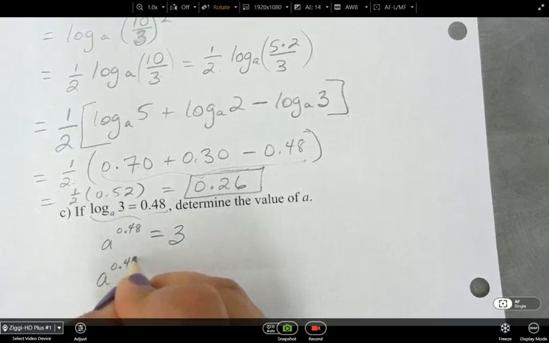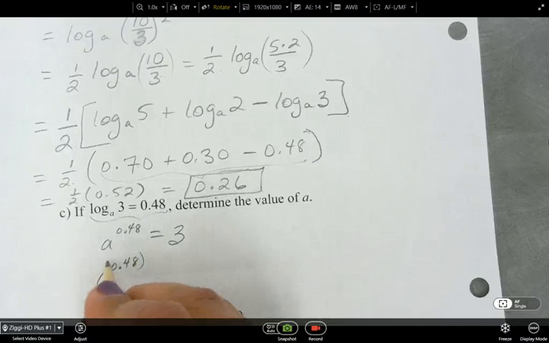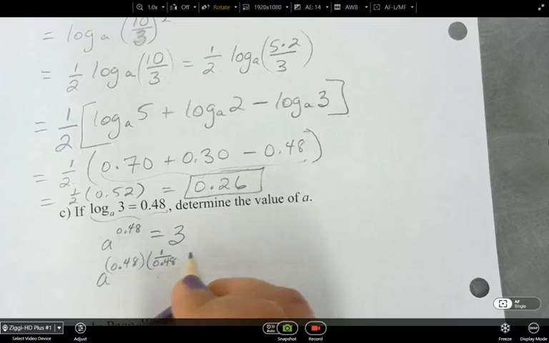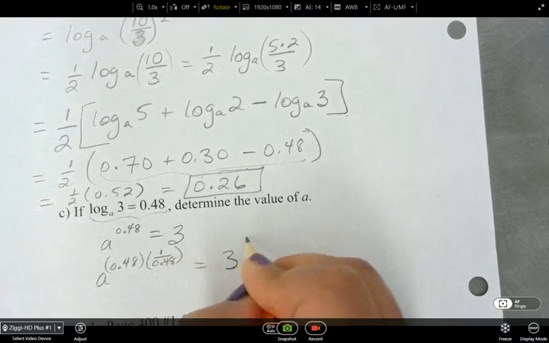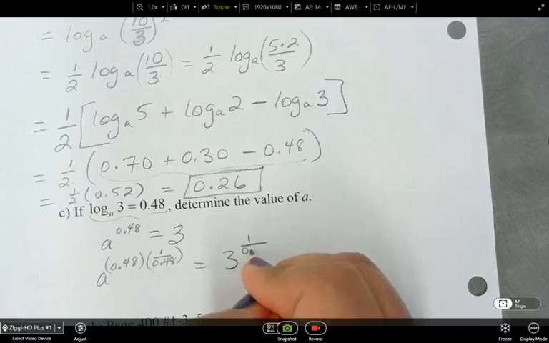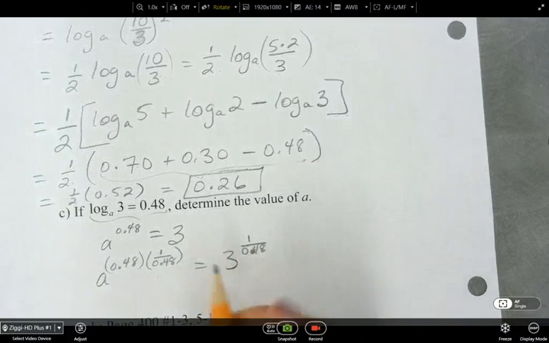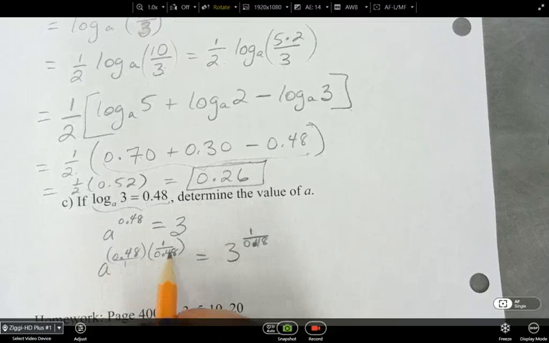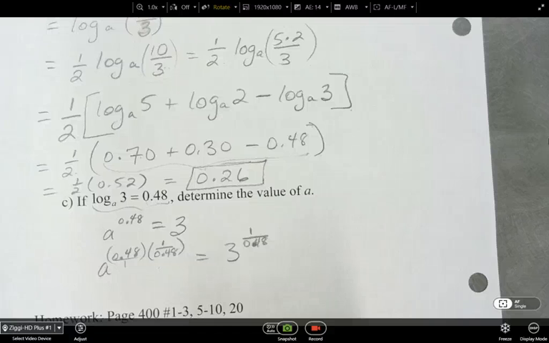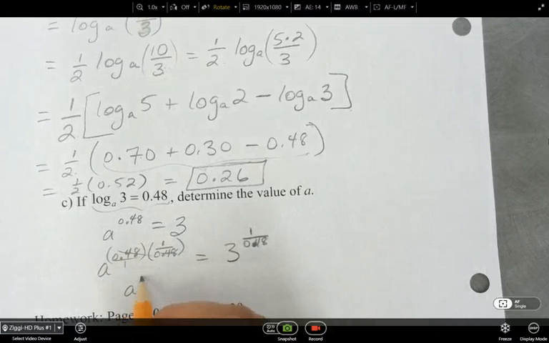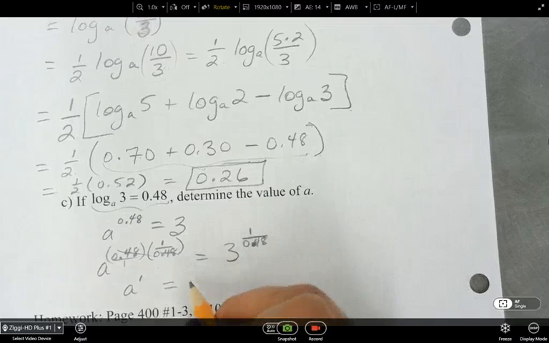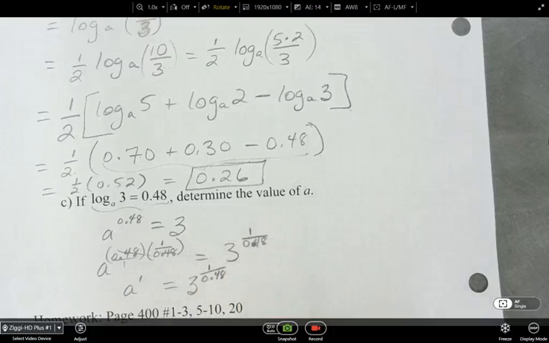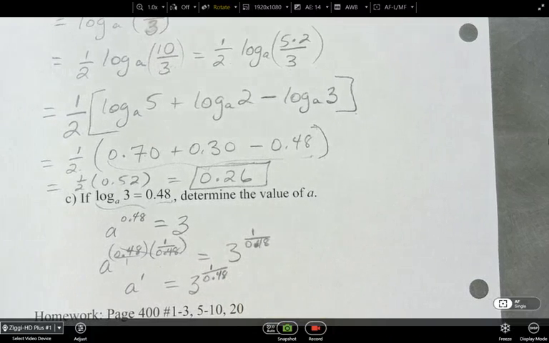So I've got the power of 0.48 here, right? Now I can raise both of them to the same power of the reciprocal. So what happens to my exponent over here on the left-hand side? If I've got 0.48 over 1, and then 1 over 0.48, then I've got A to the power of 1 is equal to 3 to the power of 1 over 0.48.